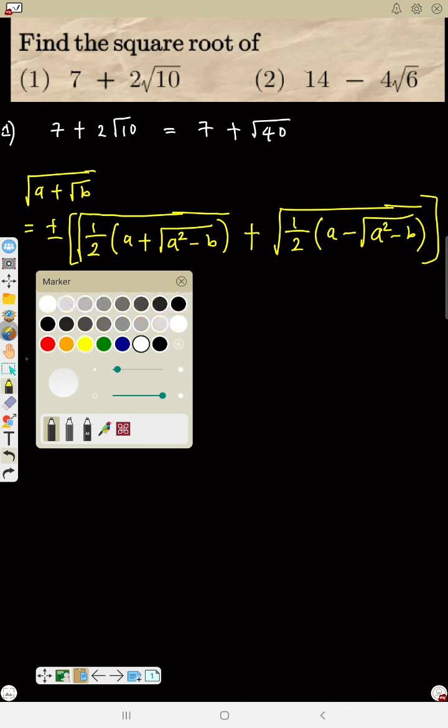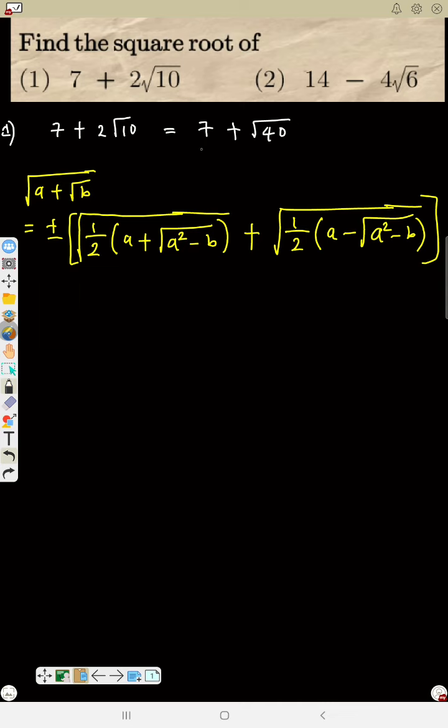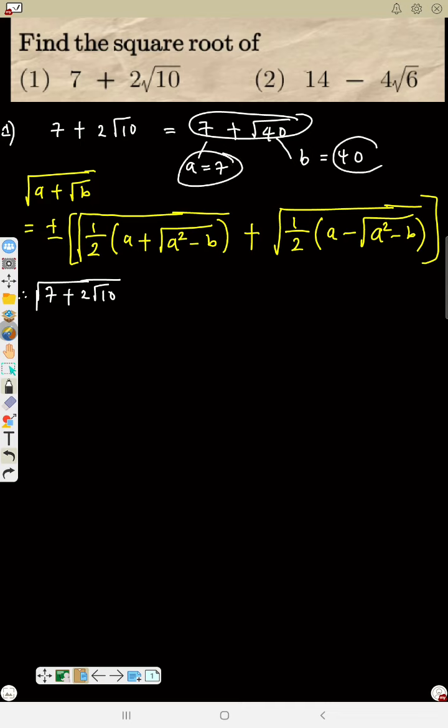Now according to our question, we have shown it now. That means A is equal to 7, B is equal to 40. Now substitute it in the bracket. So this will become square root of 7 plus 2 root 10, don't forget, is equal to 7 plus root 40, where A is 7 and B is 40. So substitute now.